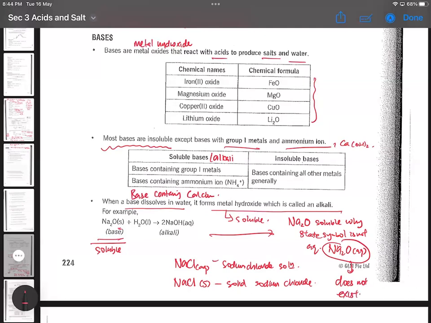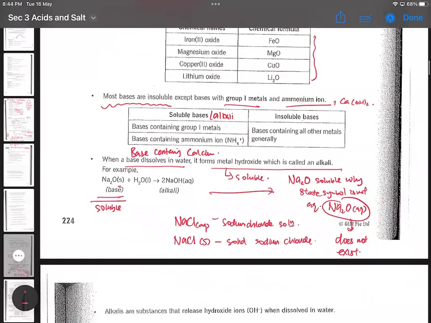So when you write ionic equations, you have to be careful. Sodium oxide, although it is soluble, and we say that when it's soluble, the state symbol is AQ, this thing doesn't exist because when sodium oxide dissolves into water, it forms an alkali straight away.